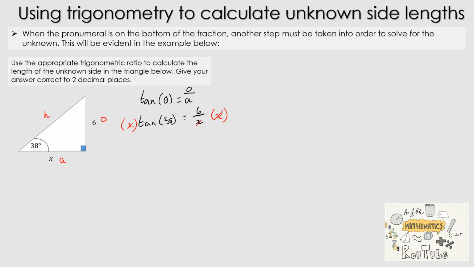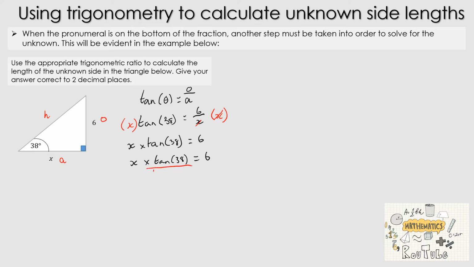So what we will have on the left hand side is x multiplied by tan 38 equals 6. We've cancelled out the x and brought it to the left hand side. Now the only thing that's attached to the x at the moment is tan 38, and it's being multiplied. So to move it onto the other side, we use the inverse of multiplication, which is division.